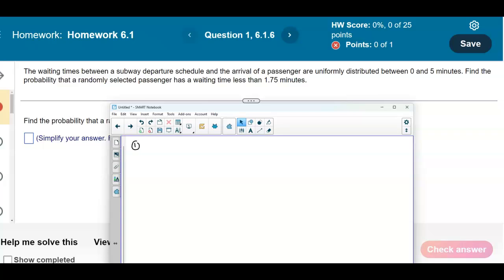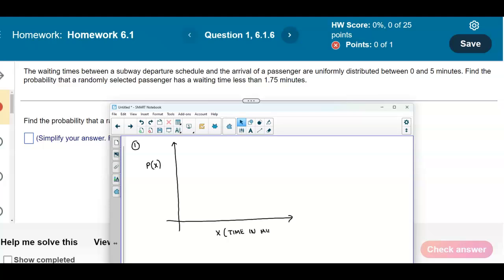So let's talk about that rectangular shape and let's draw it out. The vertical axis is the probability, and the horizontal axis is x, which is the time in minutes.